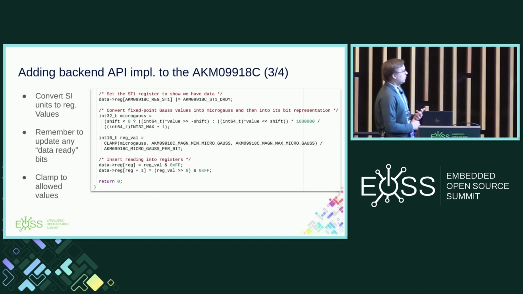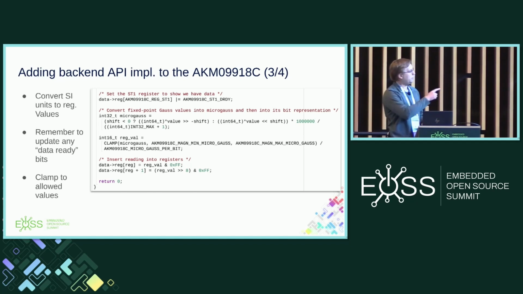One other thing that we have to do at this point is set the data ready bit at the top right there. This particular chip has a bit in a status register that gets set whenever a new reading is available. The driver will actually refuse to read any samples if that bit is not set. So we have to set it here. We are an emulator, so we have to behave like the real chip in order to make the driver work correctly.